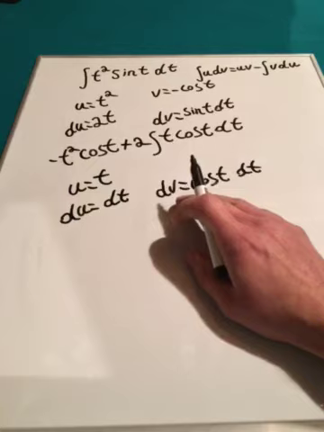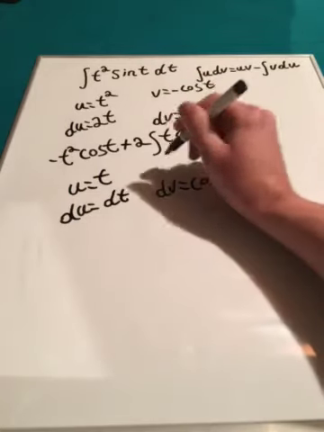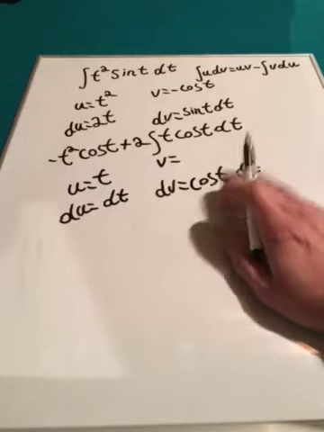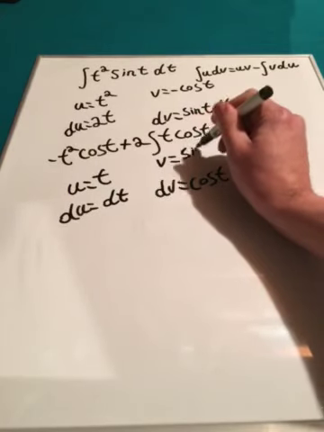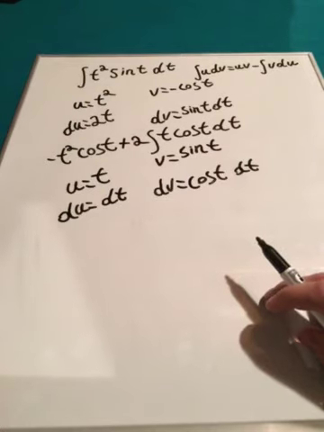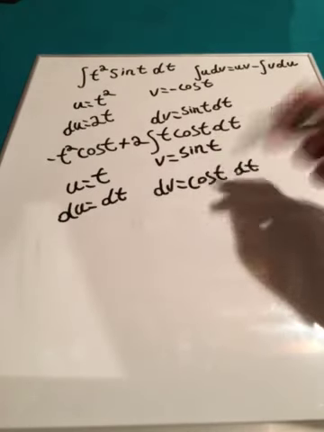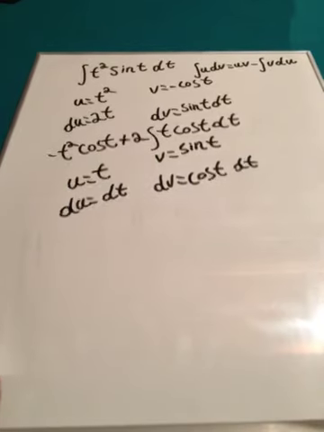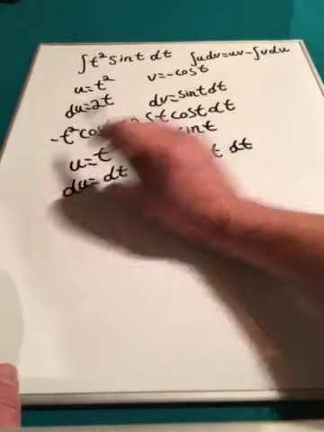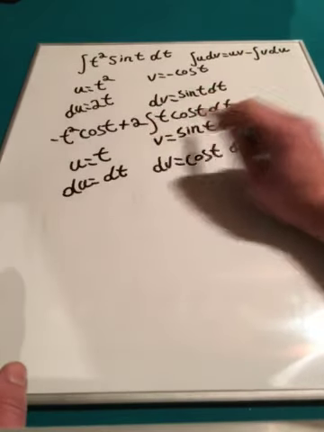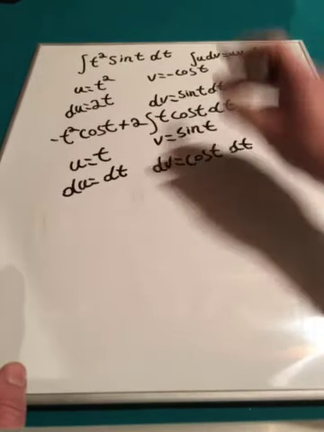If dv equals cosine of t dt, then you integrate to get your v. What's the integral of cosine? It's just sine of t. You can always check and take the derivative of sine, and you'll get cosine. So now we knew this integral equaled all this, plus this new integral, and now we're just solving for the new integral.